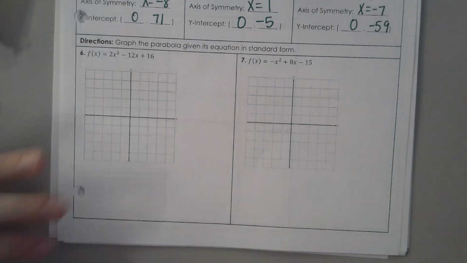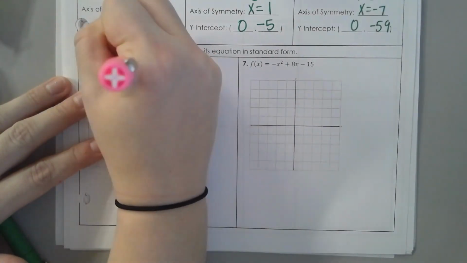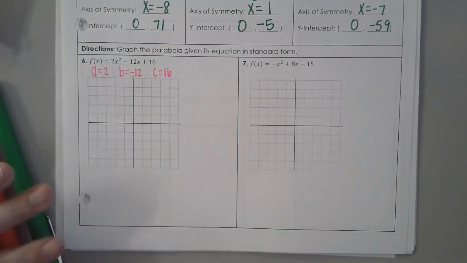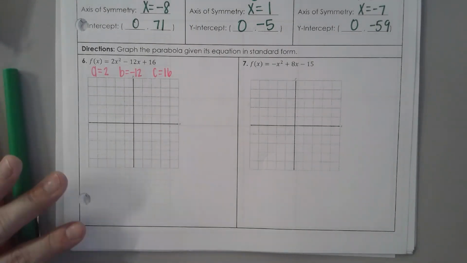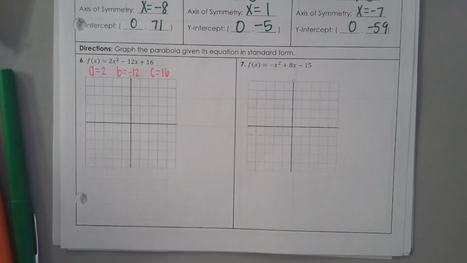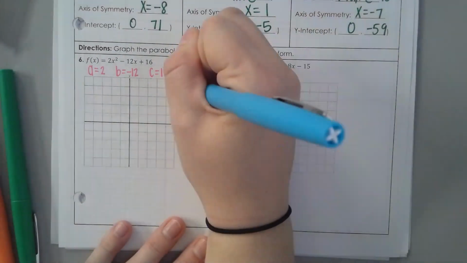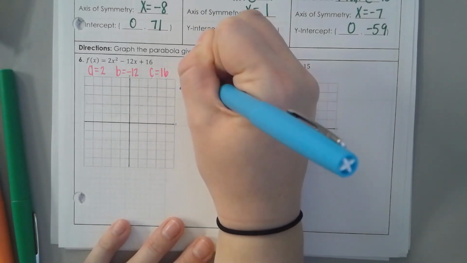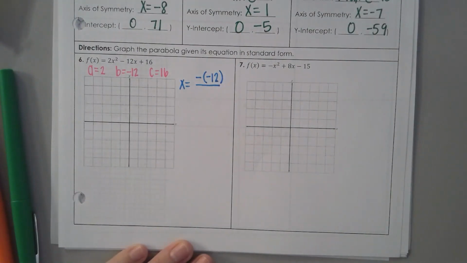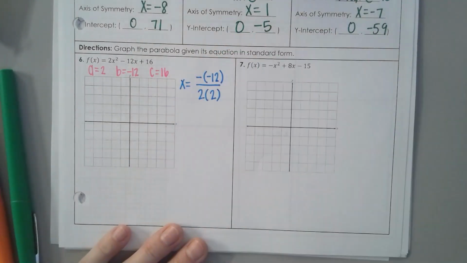So, label your A, B, and C. And then our formula, x equals -12, because my b is -12, over 2, and then my a is 2.